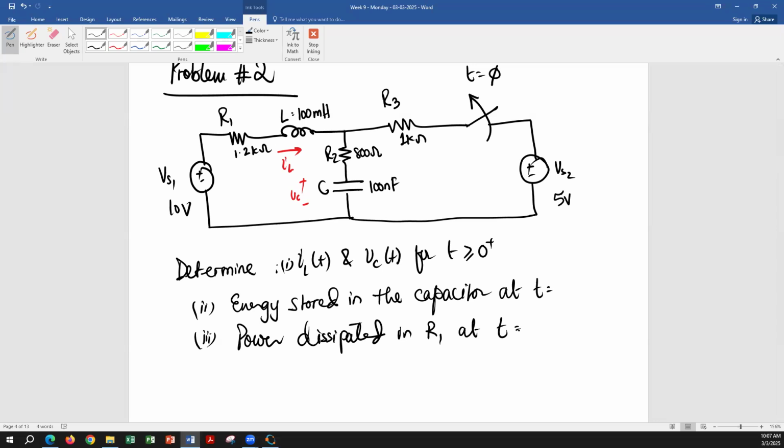So we're going to find three things, or four things basically. We're going to find the expressions for iL(t) and vC(t), and then we're going to find the energy stored in the capacitor at a time that I will put down a little later, and then the power dissipated in R1 again at a time that I'm going to put down a little later.